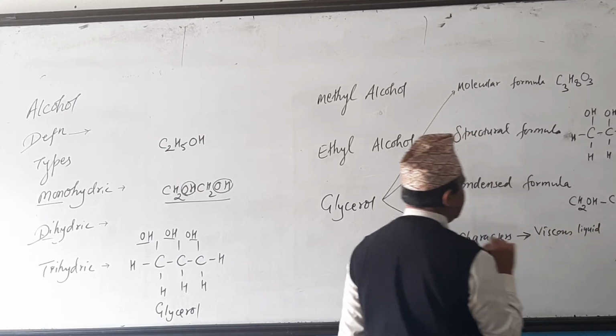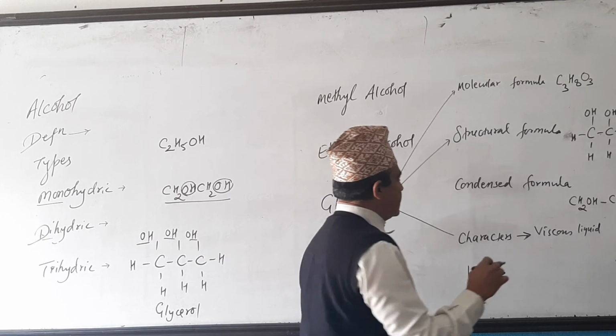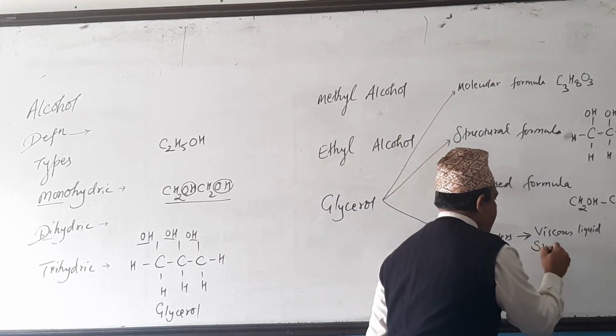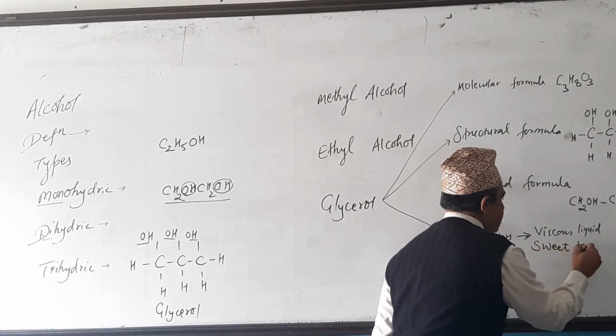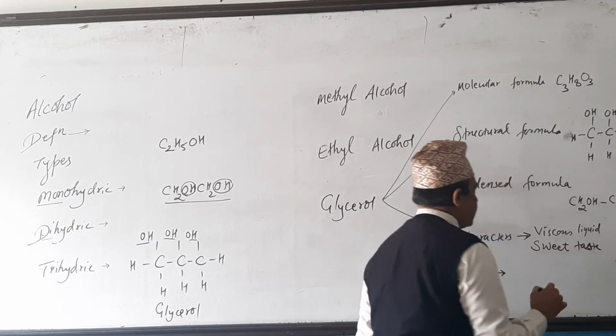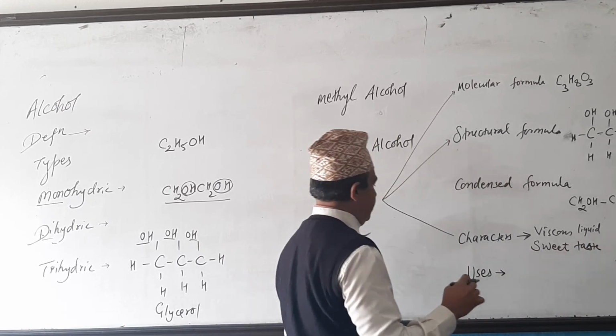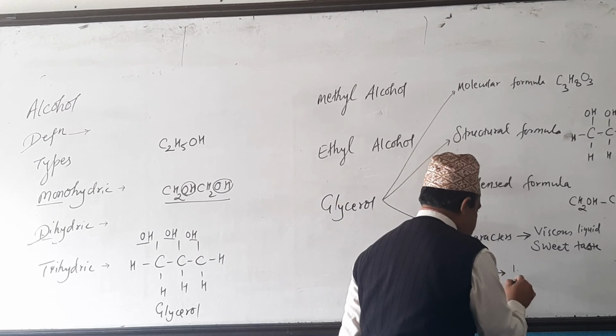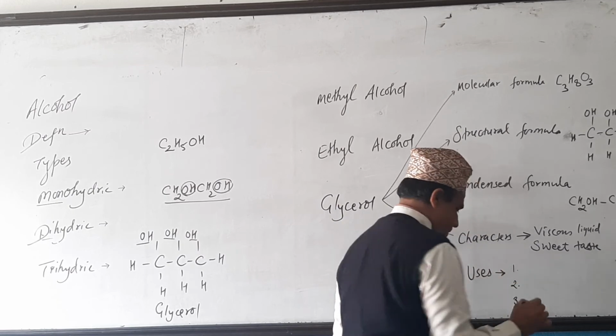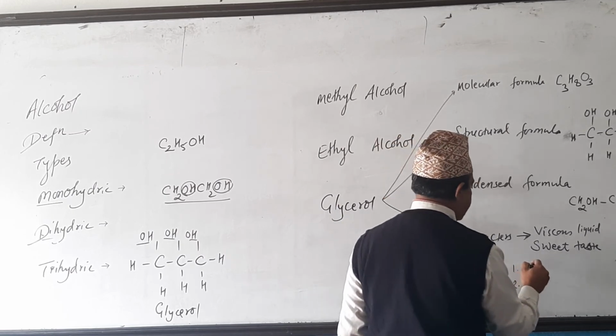Characters: it is viscous liquid. Viscous means a bit thick liquid, and it has sweet taste. Glycerol. And what are the uses of glycerol? It is used in confectionery.